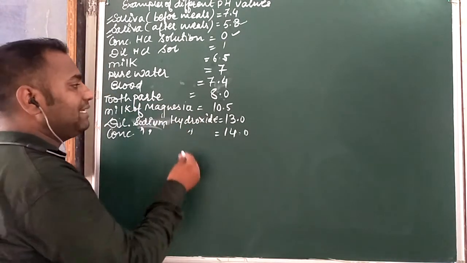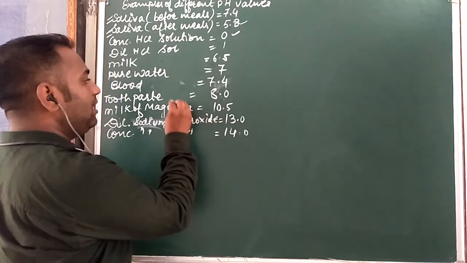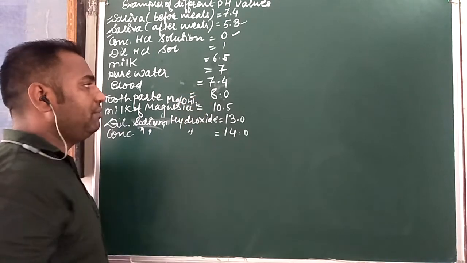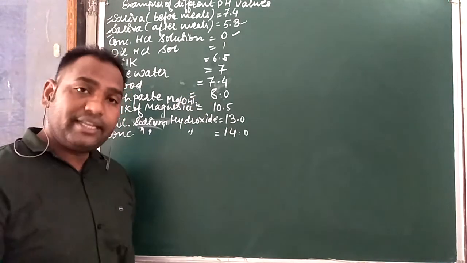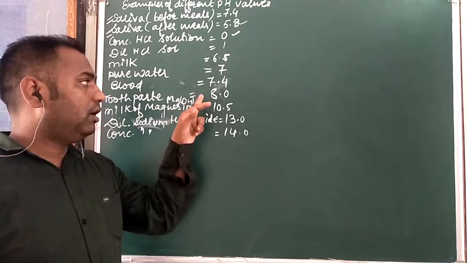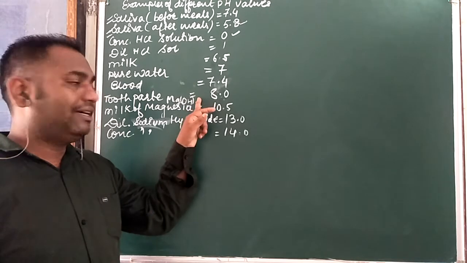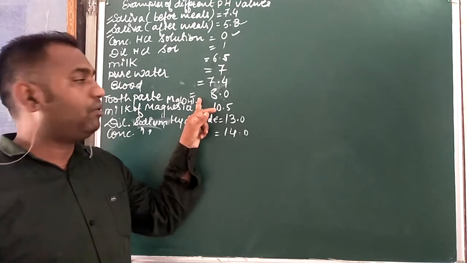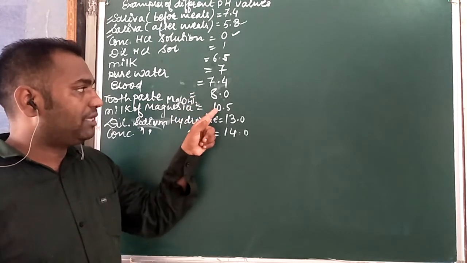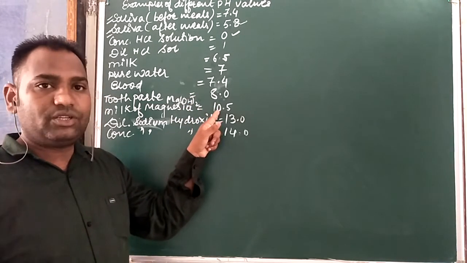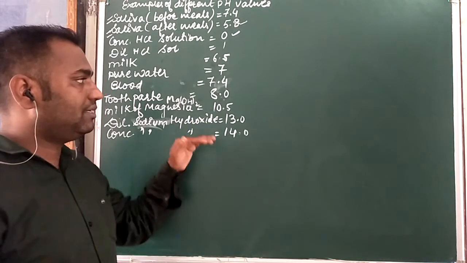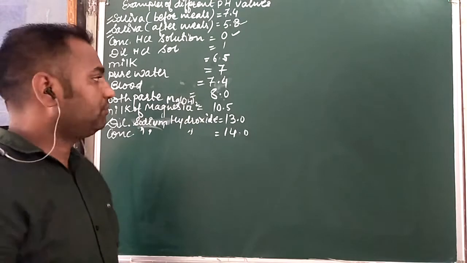Now milk of magnesia, that is Mg(OH) twice, is the ingredient of Eno, Digene, and soda, used in the form of antacids by some people. It neutralizes because it is highly basic in nature, and this highly basic nature decreases the acidity of the stomach.